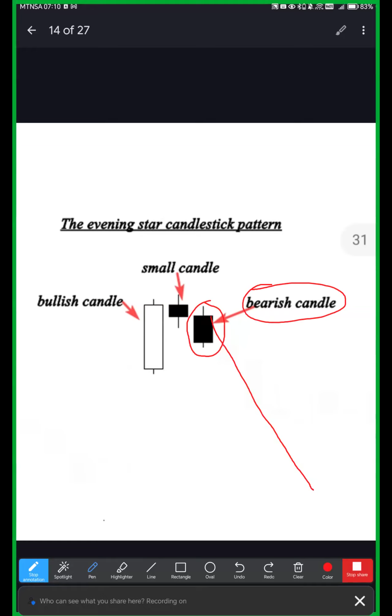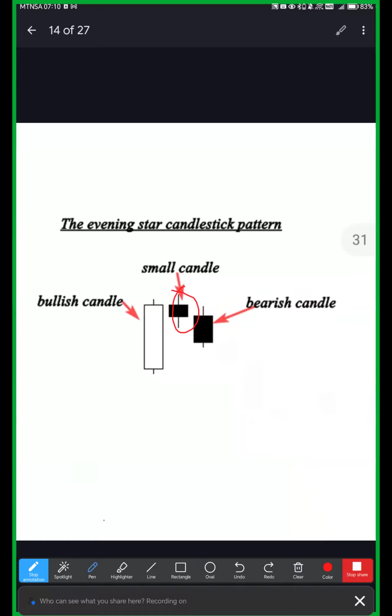Okay? So the evening star candlestick chart pattern is a reversal pattern to the downside. It is a reversal pattern to the downside. Like I said with the morning star, this candle here can be a doji. Okay? It can be a doji. All right?